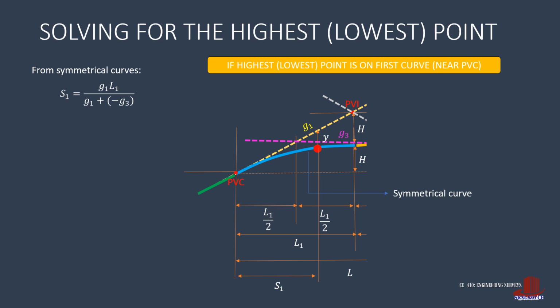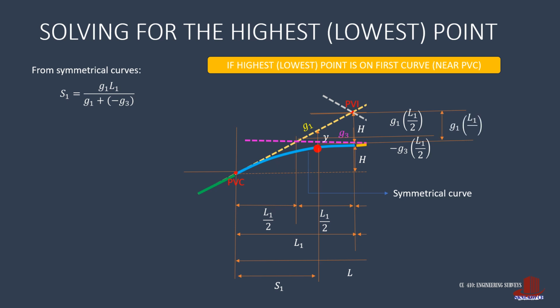We already have the S1 function, but the problem is we don't know what G3 is. But using the triangle, we can then have the lower part as G3 times L1 over 2. Then the other one above is G1 times L1 upon 2. The derivation of these are similar with how the symmetrical curve distances are solved.